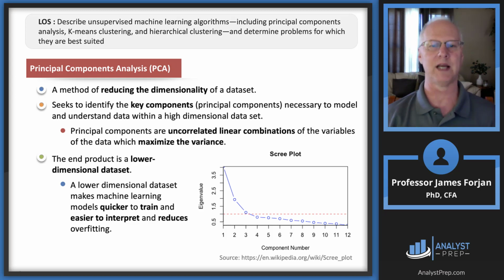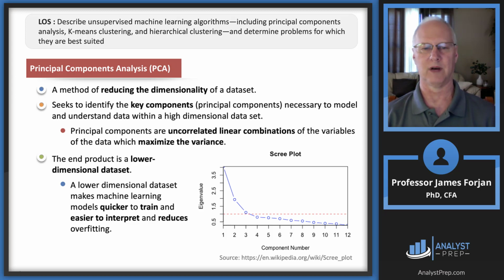We've drawn that red dotted line in there, maybe that's our kind of hyperparameter for the eigenvalue. So look at the last circle point. A lower dimension data set makes machine learning models quicker to train and easier to interpret and reduces overfitting. I think that last circle point there is a great exam question.